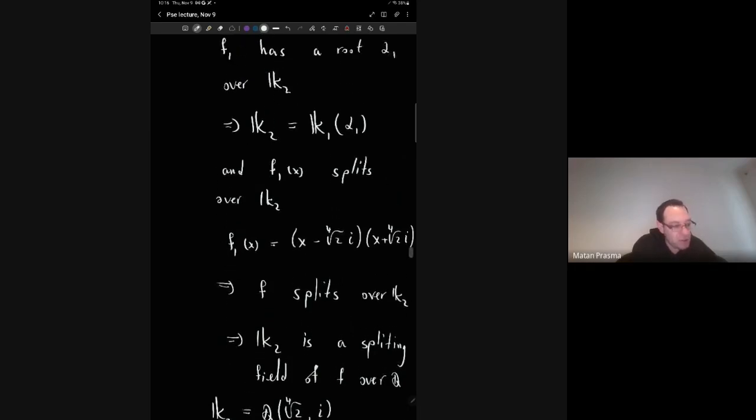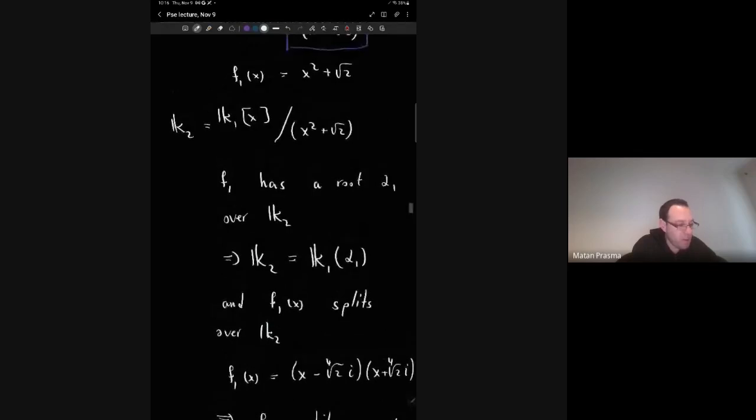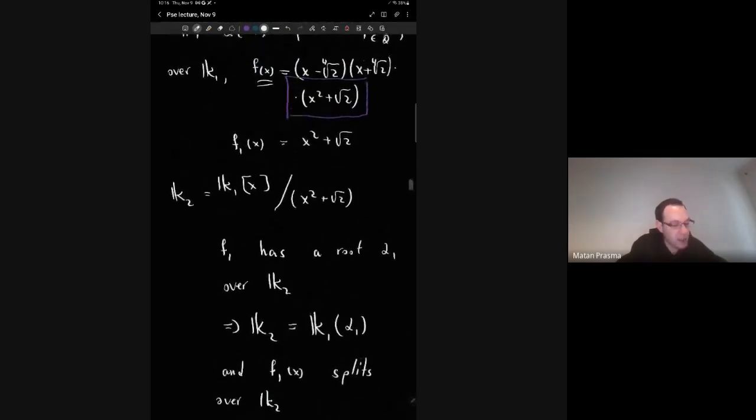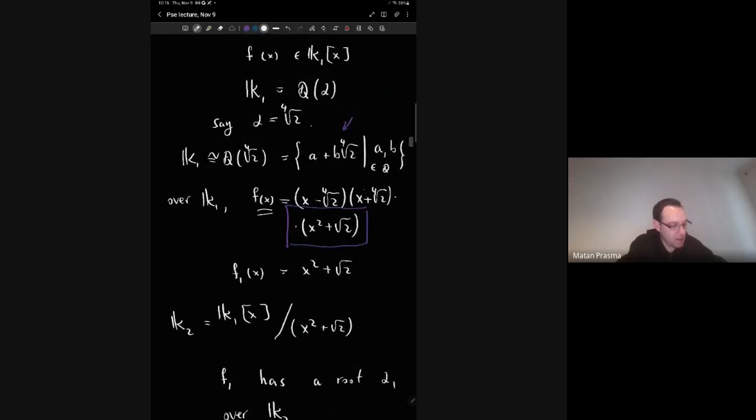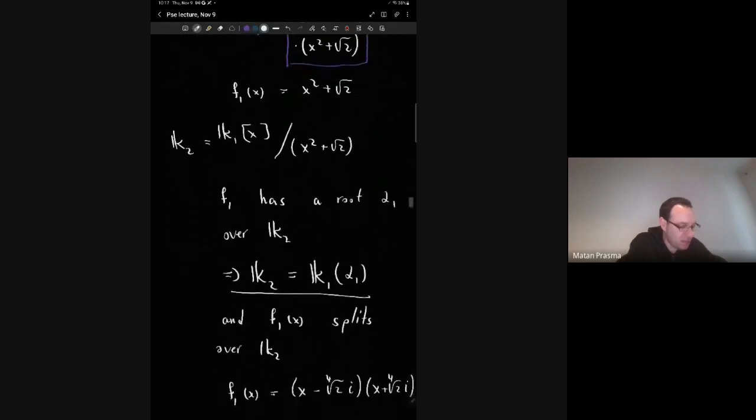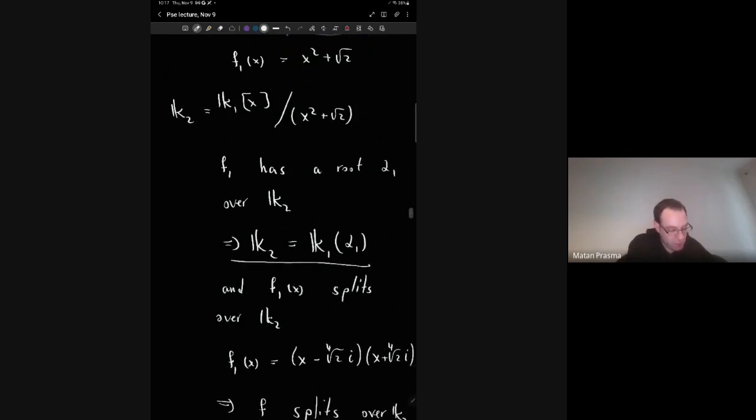Minimality also follows from minimality in each of the stages. Since K1 is Q adjoined fourth root of 2, K1 is the minimal field containing Q and fourth root of 2. And similarly, K2 is the minimal field containing K1 and fourth root of 2 times i.